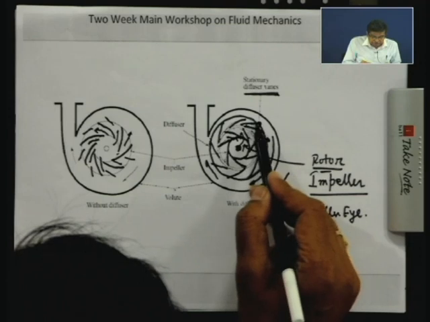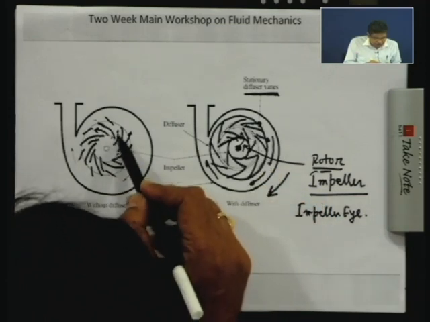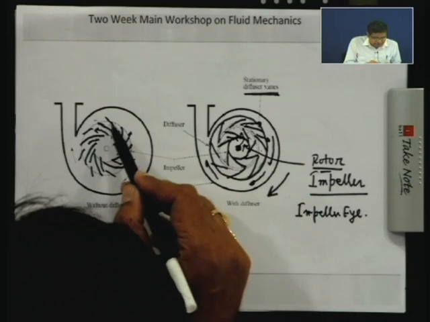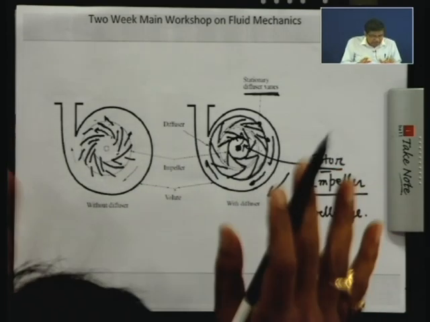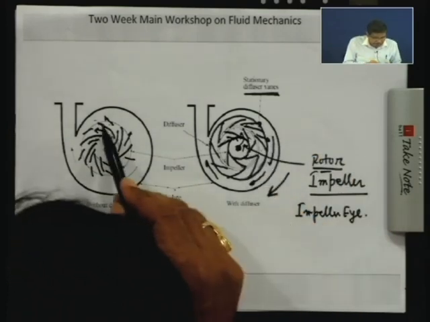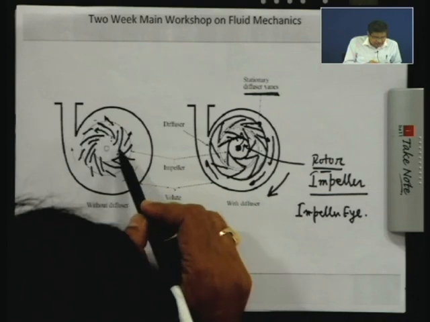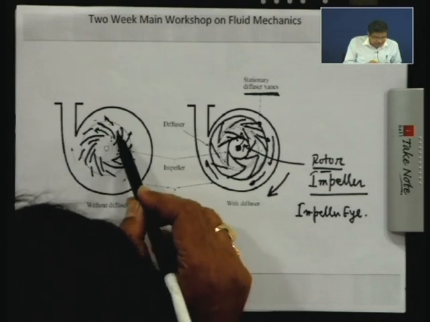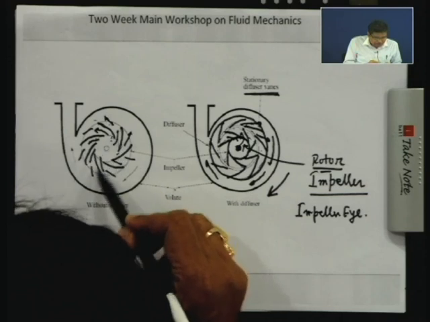I am sorry, I mixed things up a little bit: through the impeller, when it flows, there is an increase in the pressure because of a decrease in the relative velocity due to the diverging passage provided by the impeller vane.